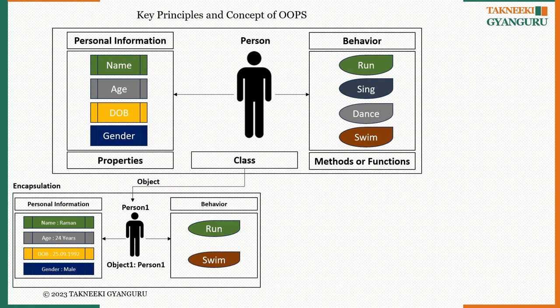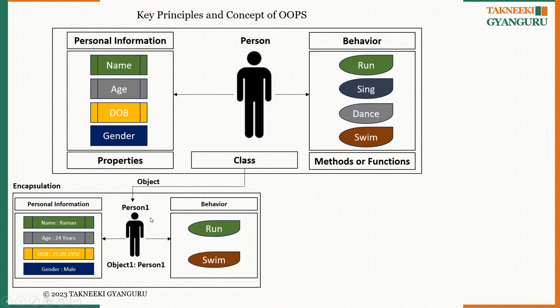So suppose I want to access run, right? So we will say object one, the person one dot run, right? Or I want to access the properties like person one dot name, the name should be Raman. So this way we can access. So binding this personal information and behavior with the person, with the object, in a single entity is called encapsulation.